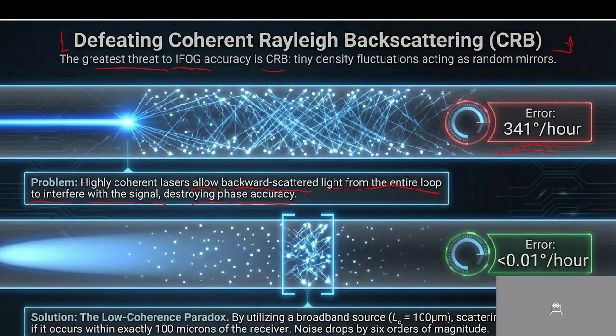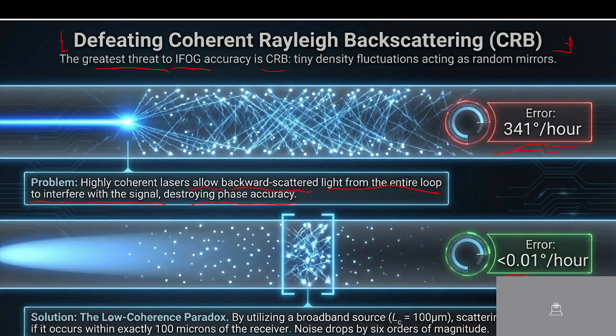Now, the error should be lesser than 0.01 degree per hour. A low coherency laser can be used to reduce the error drastically, which is very important to understand.